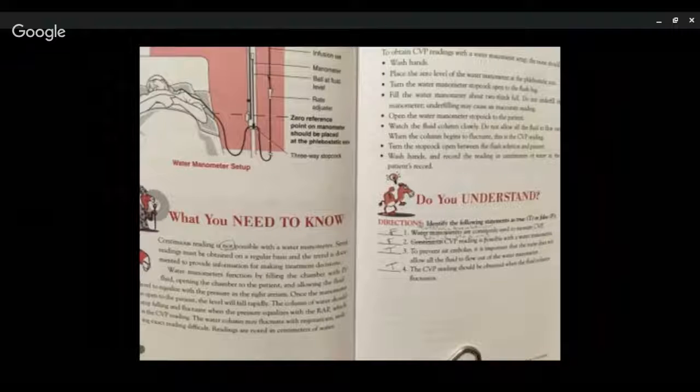Open the water manometer stopcock to the patient. Watch the fluid column closely. Do not allow all the fluid to flow out. When the column begins to fluctuate, that is the CVP reading. Then turn the stopcock open between the flush solution and the patient, and then you record the readings.